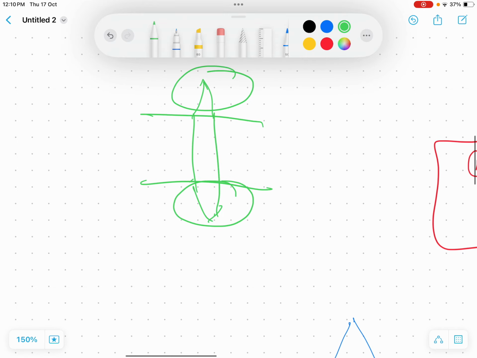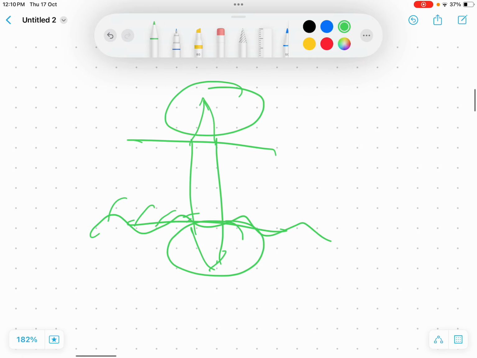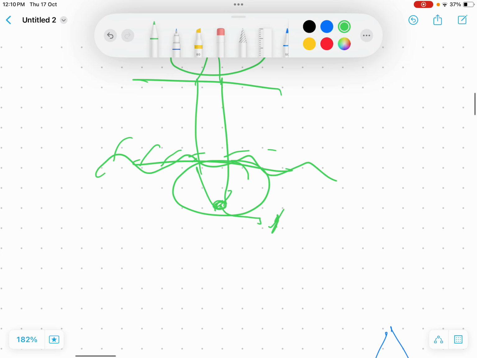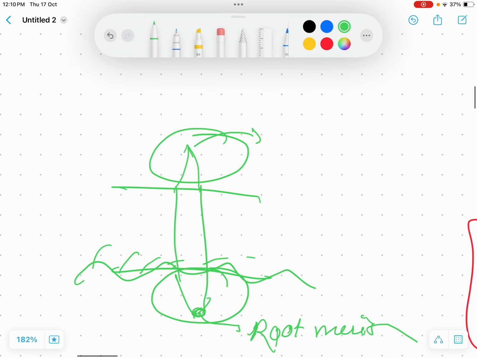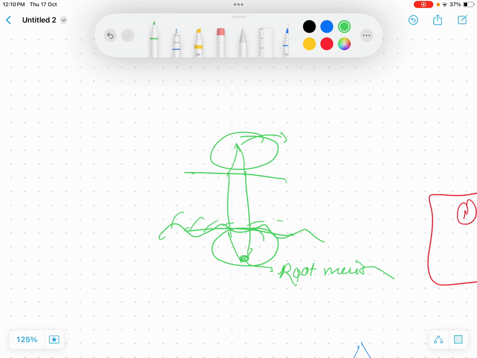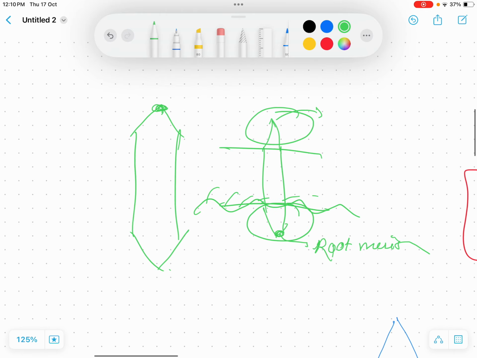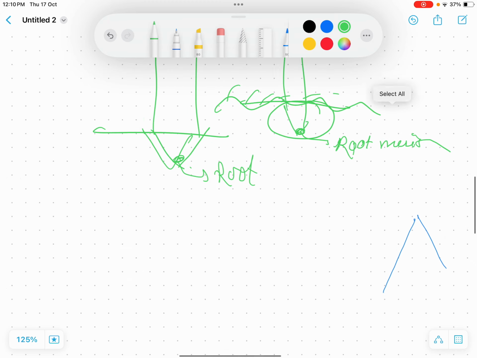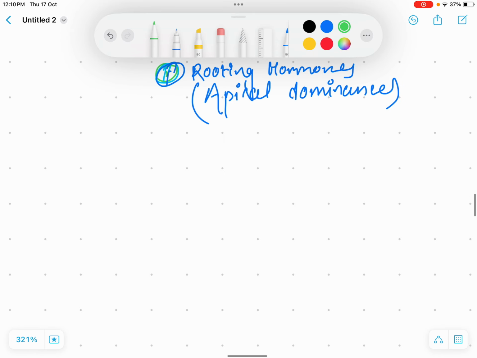Beneath the soil there is a root meristem, and in the upper part there is a shoot meristem, which is responsible for the growth of the stem. These two meristems actually divide. The lower part forms the root and the upper part forms the shoot. So auxin is a root promoter, or rooting hormone. This is about auxin.